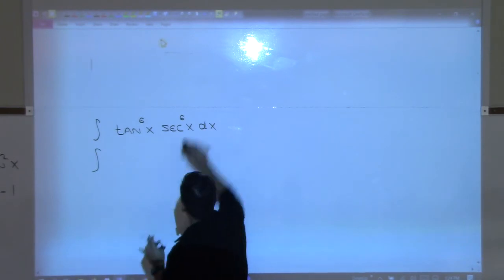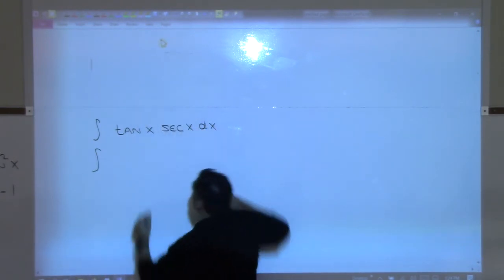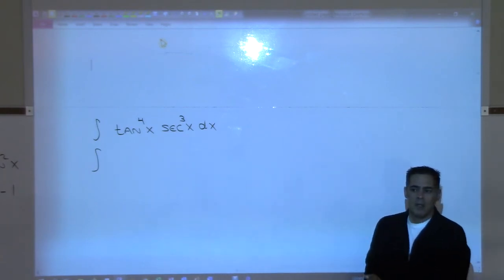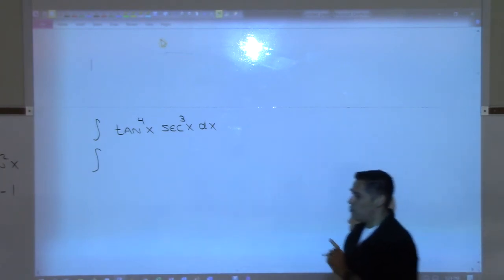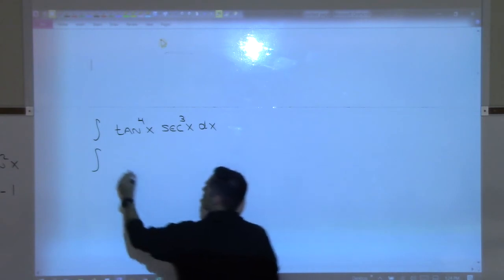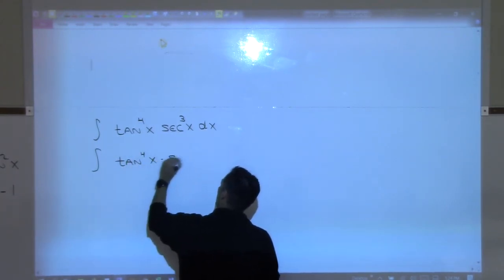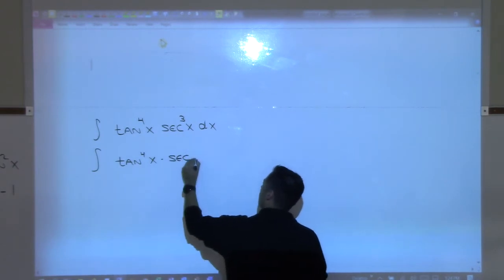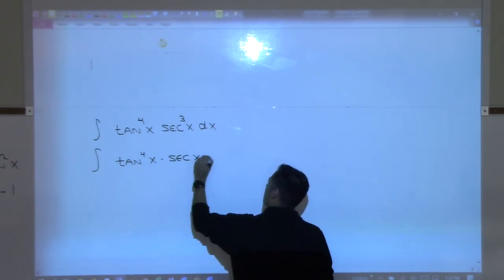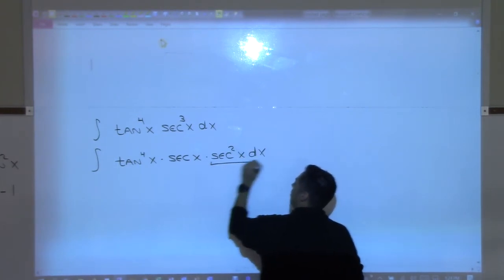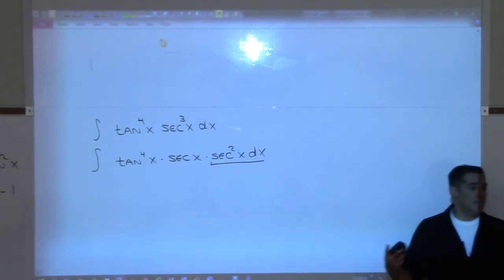Let me show you. Let's change the problem. Let's go back to the original problem. Let's go to this one. Okay? Look at that one right there. If you peel off secant squared here, it won't work. And the reason why, I mean, you can peel off secant squared, can't you? But what are you left with when you pull off two of the secants? Just secant, right? So you're like, okay, great. Look, I've got it right here. There's du. That's the derivative of tangent, right?